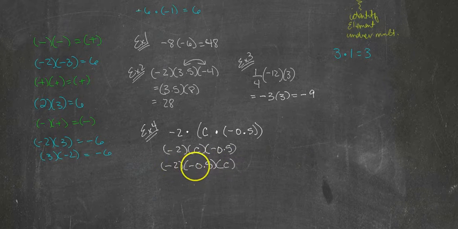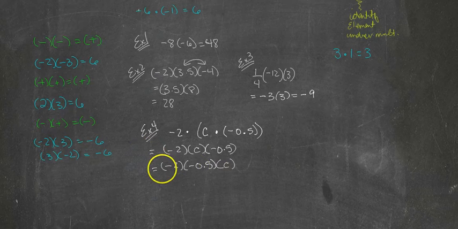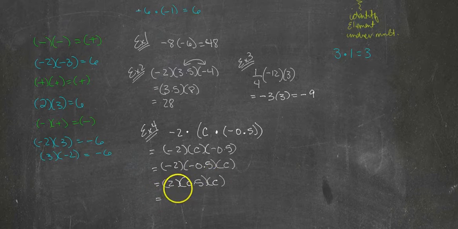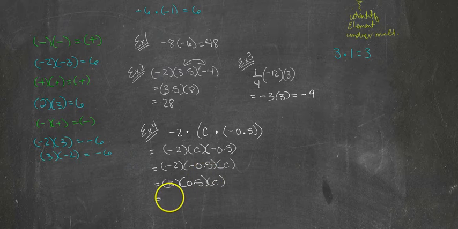Then 2 negatives makes a positive, so I can just forget about those altogether and take 2 times 0.5 times c. And then 2 times 0.5 is the same as 2 divided by 2, or 2 divided in half, so I have 1 times c, so the answer then would be c.